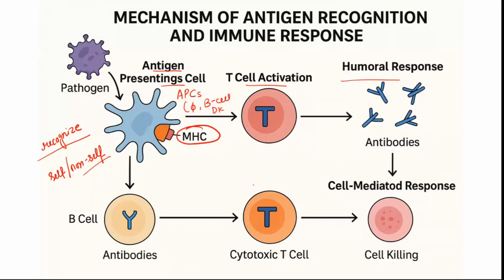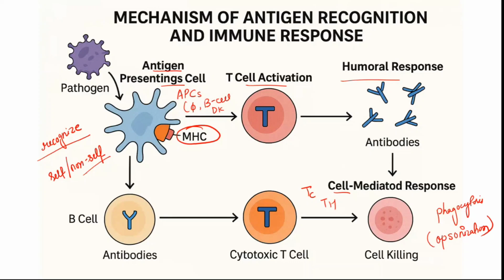When cells are involved, if TC cell or T helper cell is involved, then cell mediated immunity is active and they will start killing the cell. They will start phagocytosis of the antigen, increased phagocytosis. There was a technical term, opsonization, right?